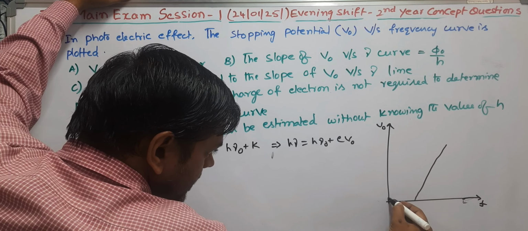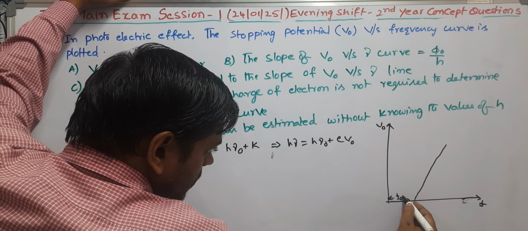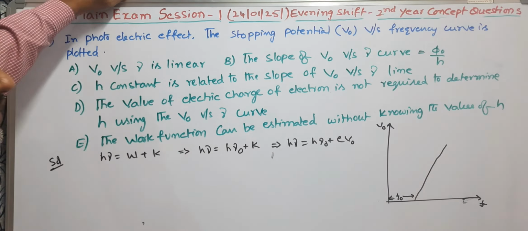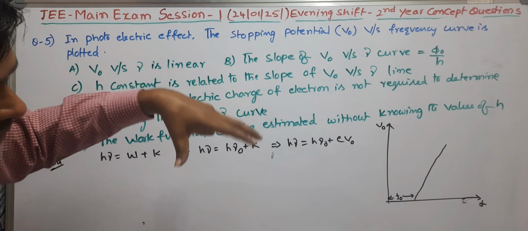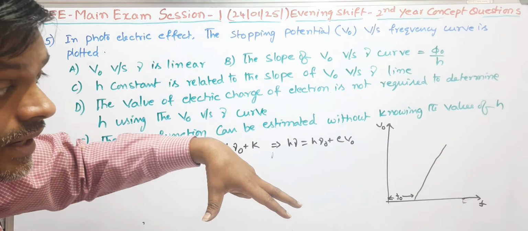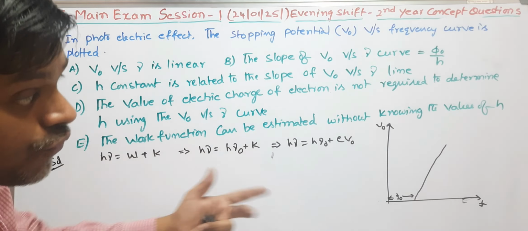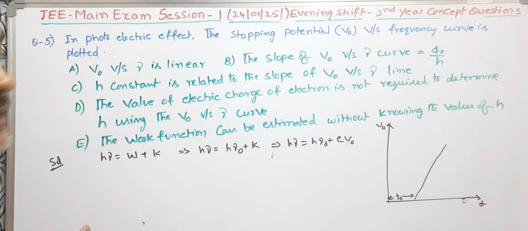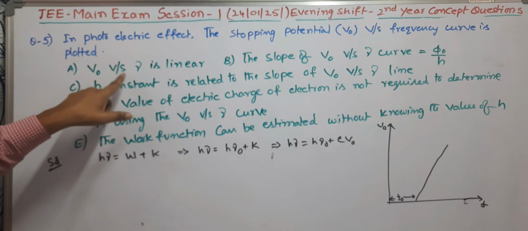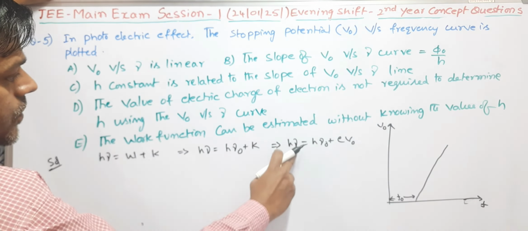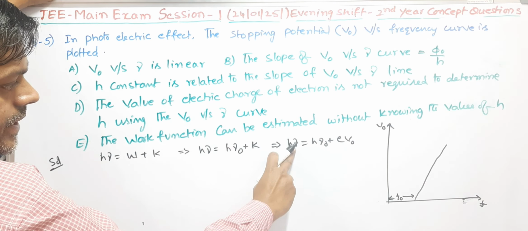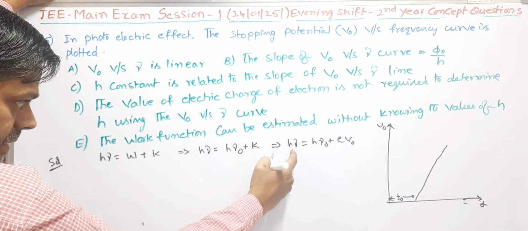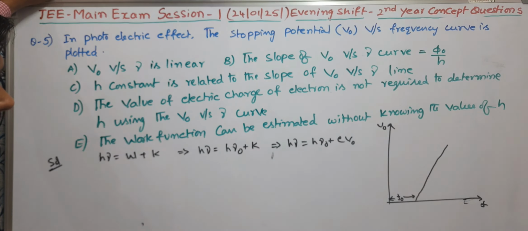So, here this is the threshold frequency. From this you should come to one conclusion: the incident radiation must have a sufficient minimum frequency, otherwise no photoelectrons are ejected. So, from this you should write the energy as h nu, and here nu is equal to c by lambda, isn't it?